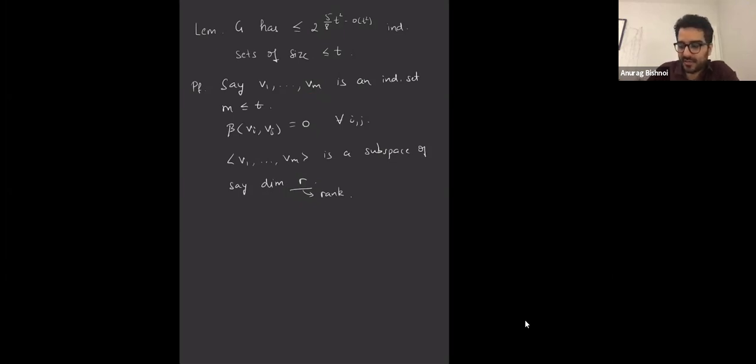So for each R, I'm going to give you an estimate on the number of such independent sets. That's the plan. Okay, so let's count the number of independent sets of rank R.